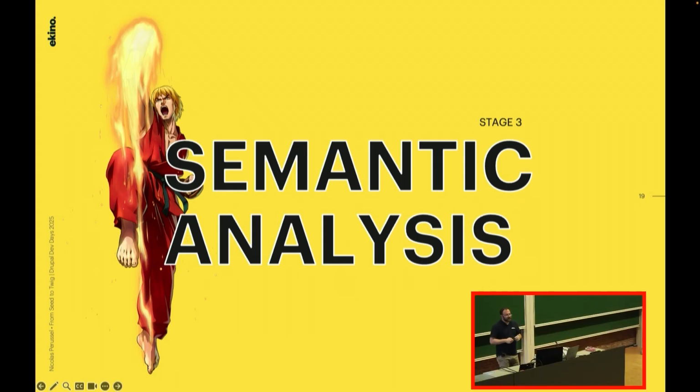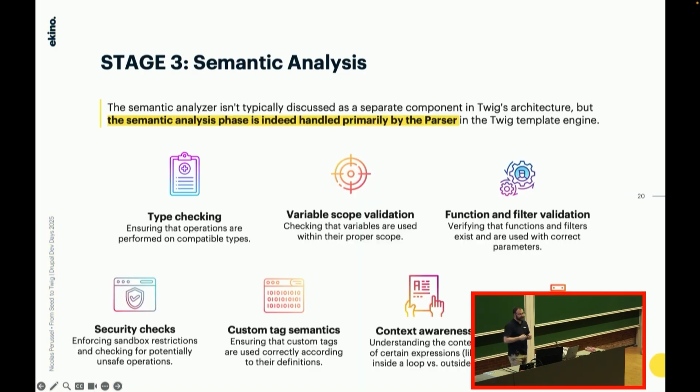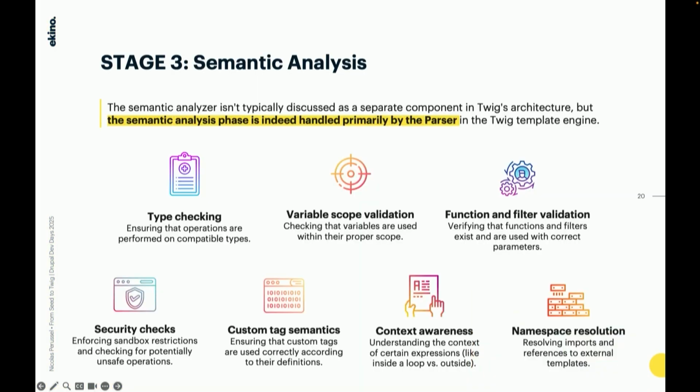After, we have a phase. It's not really a phase, it's a part of the parser phase, in fact, with Twig. But I think in other languages it can be a different component that will come into action. We have the semantic analysis phase. The semantic analysis phase is just a guard to check and verify that everything is okay during the lexing and parsing phase, tokenization and parsing phase.